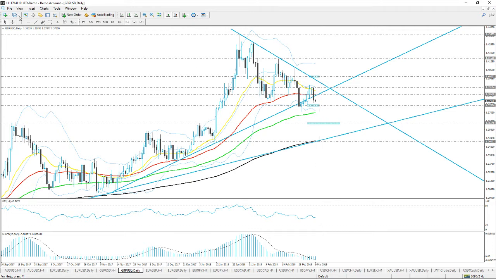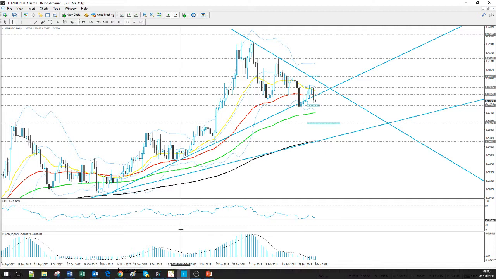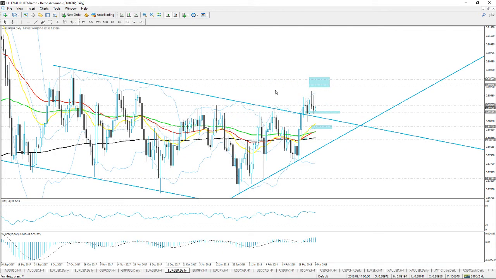If we get something like this, then keep an eye on it, because a break above it could push the price again higher. So yeah, it could be choppy a little bit here, but for now it's looking bearish, to be honest.